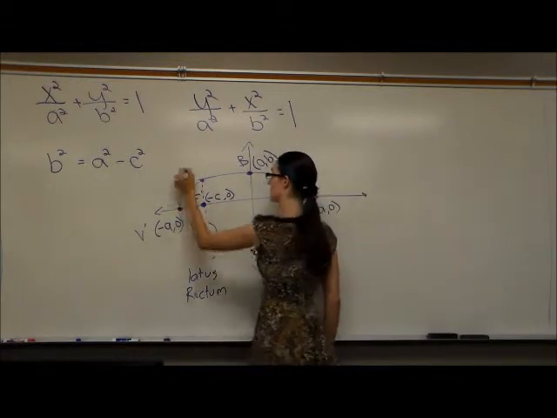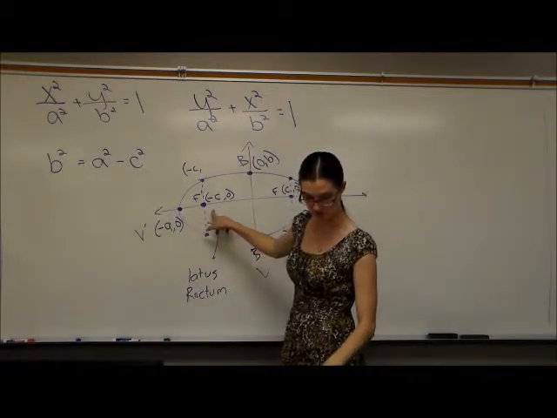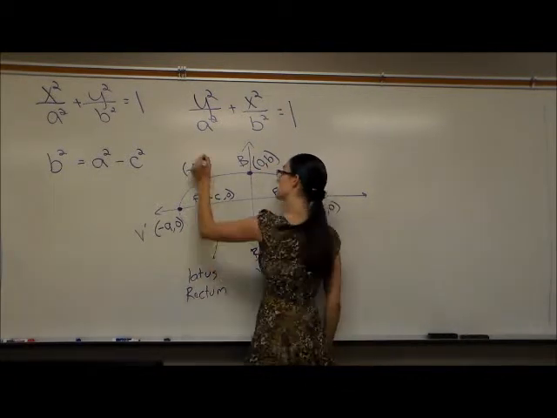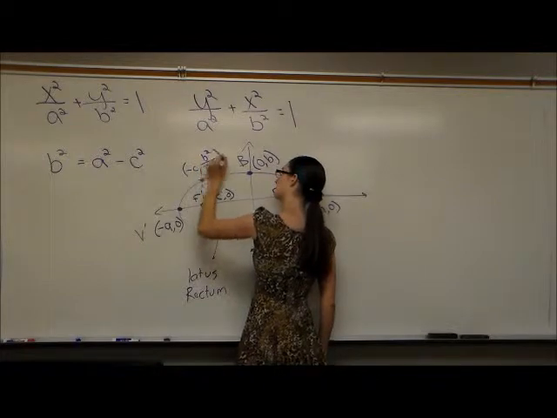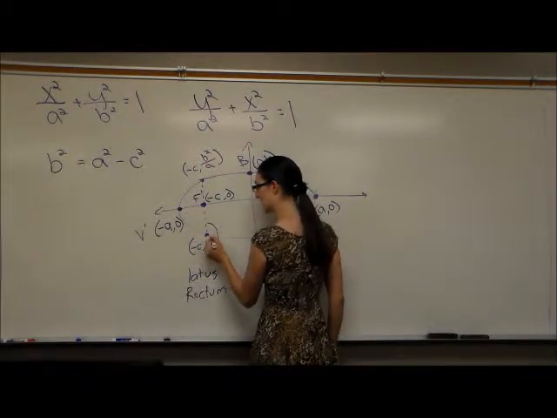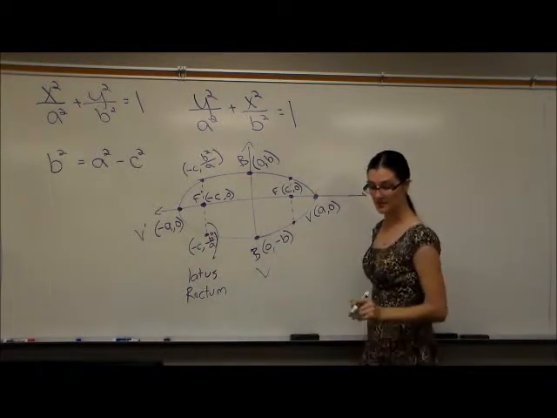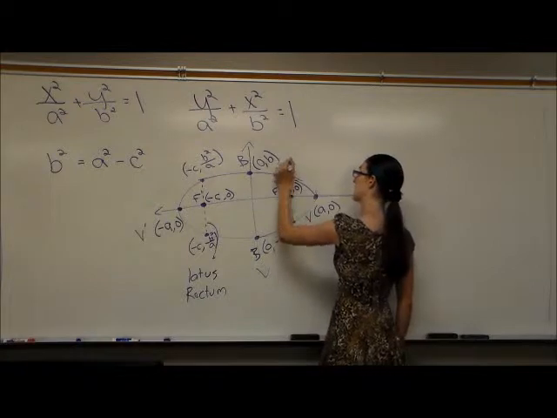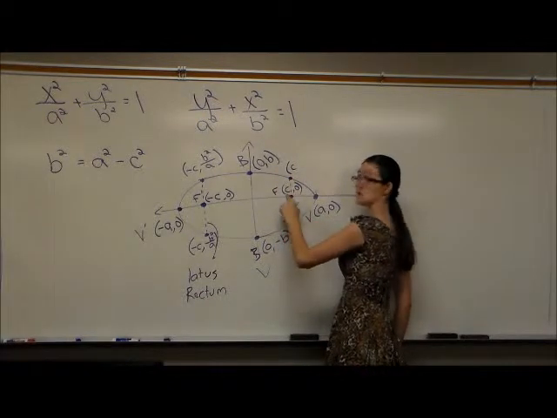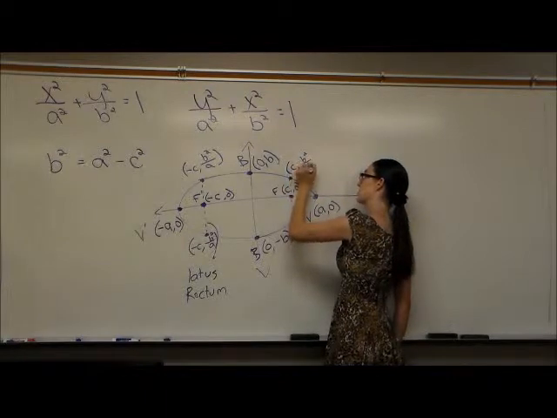So that point is negative c, because it's got to be the same as your focus, and then b squared over a. This is going to be negative c and negative b squared over a. And again, all this is coming from the picture on page 119. This one will be positive c because it's lining up with your focus, and b squared over a.